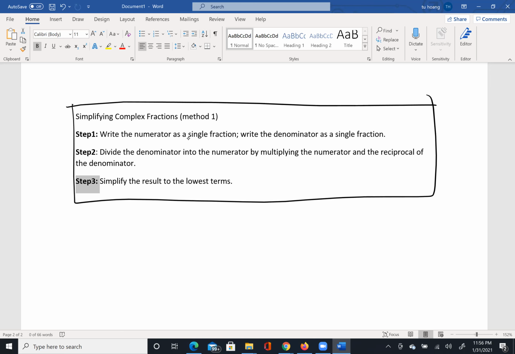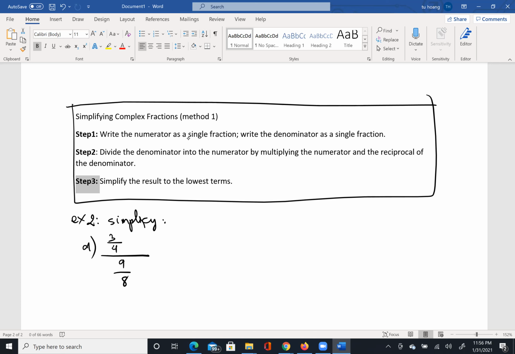Okay, and then let's have an example. Example 2: let's simplify 3/4 divided by 9/8.